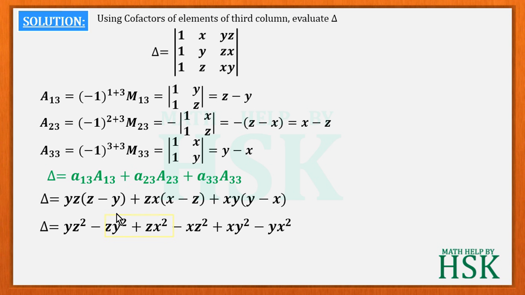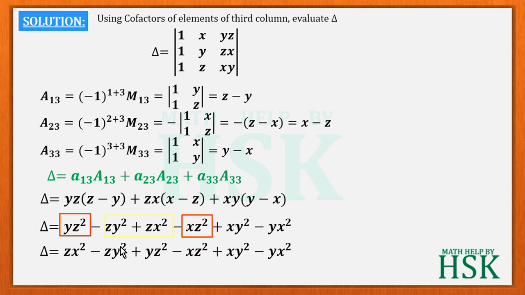Next, I'm going to take two terms together, two terms together, and the remaining two terms together. I'm going to factorize, and by factorization this expression would be simplified. It is always better to simplify an expression if it is possible, so here simplification is possible, so I am factorizing it.